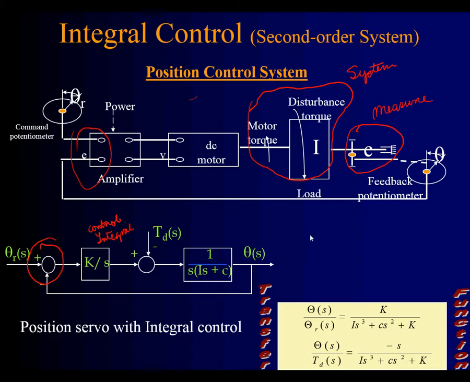So the difference between what we have done with the previous example and this one is that the transfer function is of higher order, because this is a second order system. And you have the measure with respect to the original. This is a position control system.